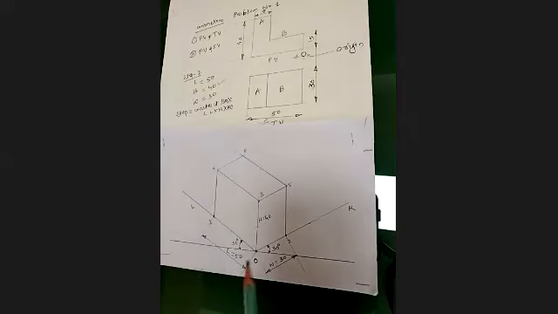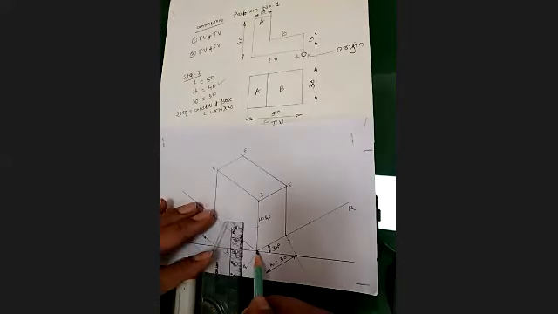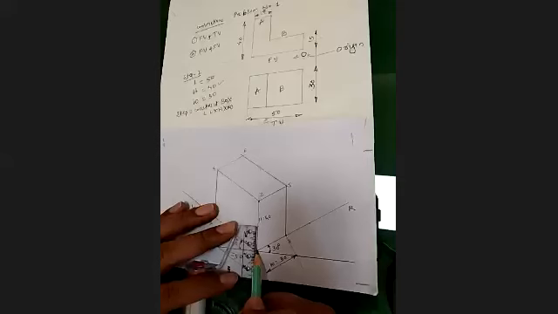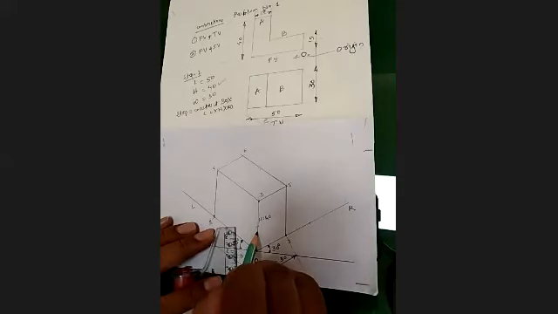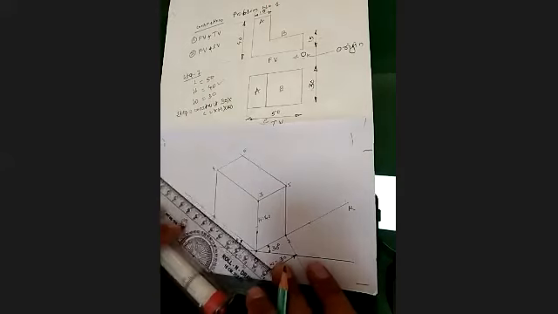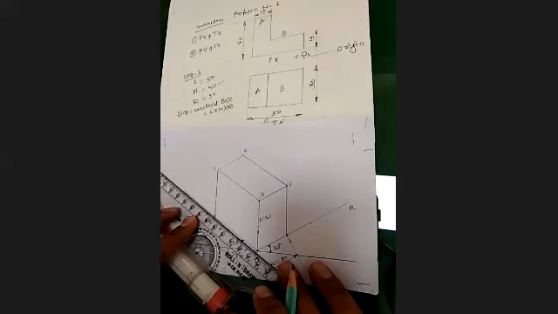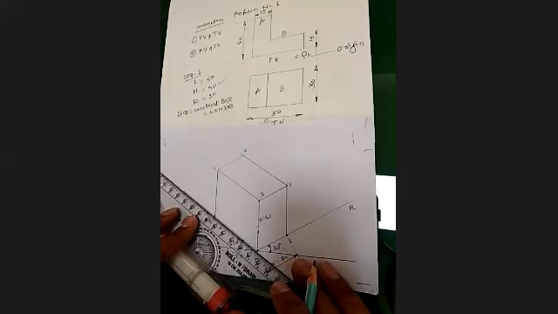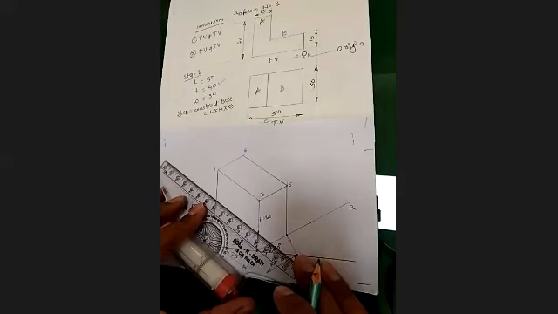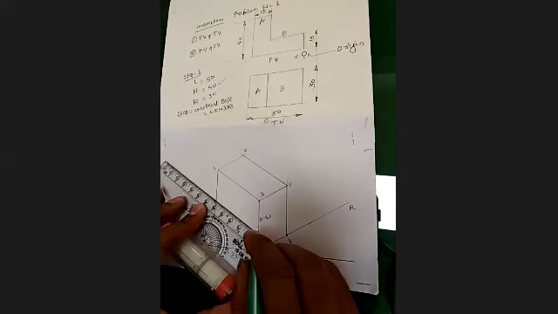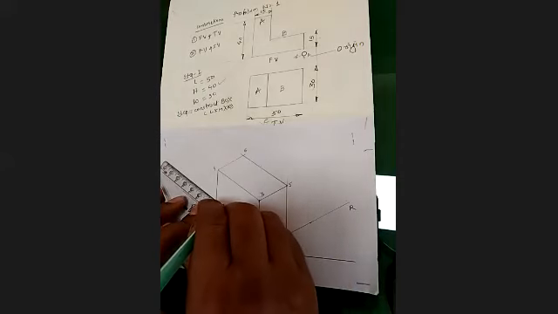Now, what I will do here, I will take this 15 millimeter from O. This is the point, 15 millimeter. Then I will take a line parallel through this at a distance of 15 millimeter height.